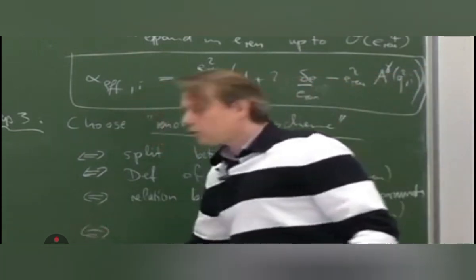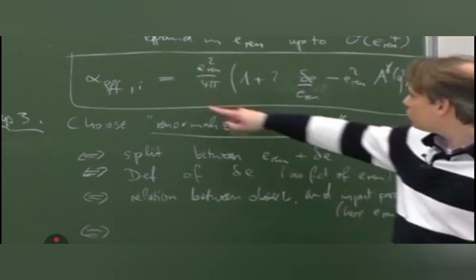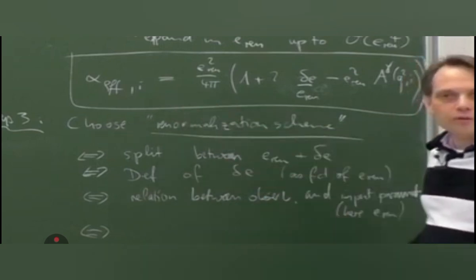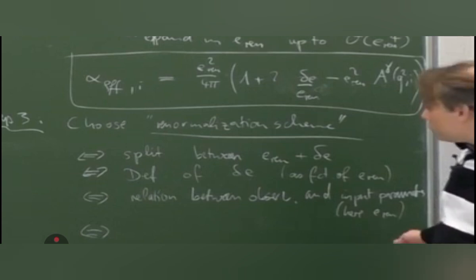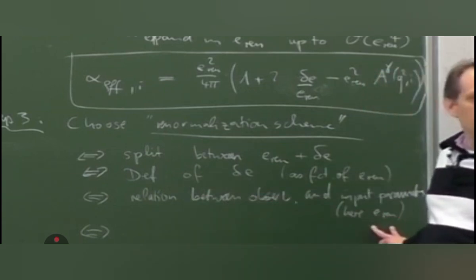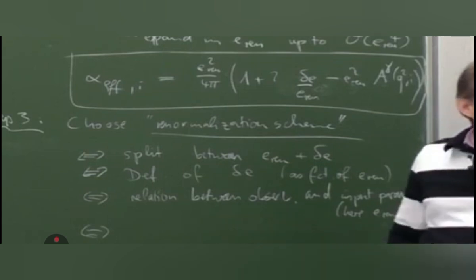If you know the relationship between your observables and your renormalized charge, it means you can basically do a measurement and then determine the numerical value of your renormalized charge from the experimental measurement. So it determines the numerical value of the renormalized charge and also the physical meaning of what you mean by your renormalized charge.